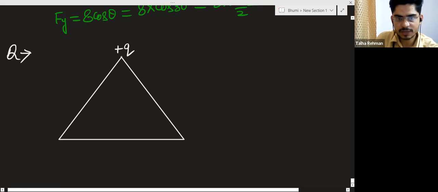A plus q charge is placed on the vertex. Here again a plus q charge is placed. Here again a plus q charge is placed. And at the centroid of this triangle, a plus capital Q charge is placed.